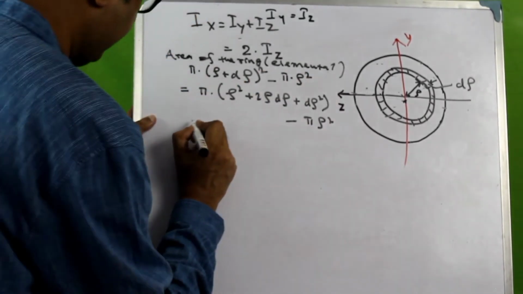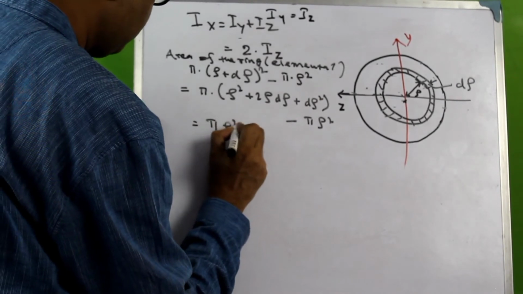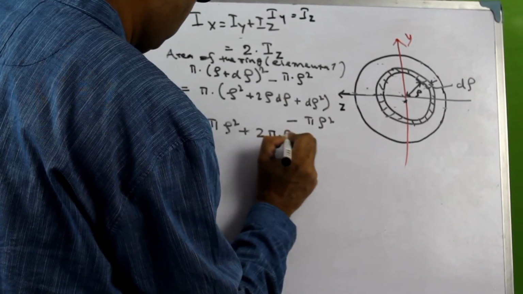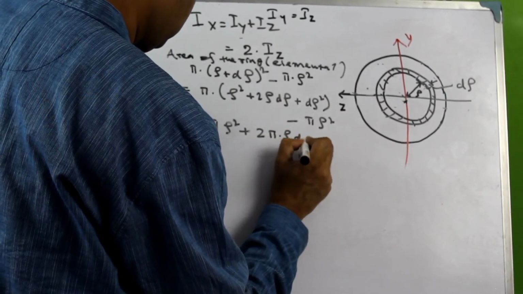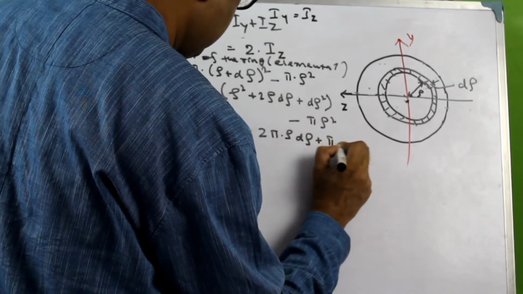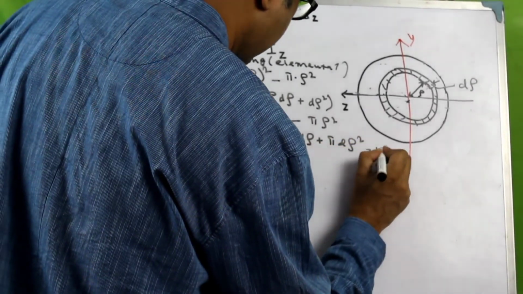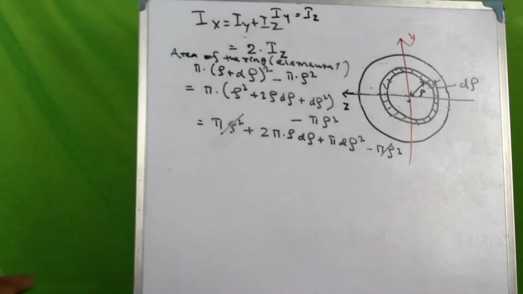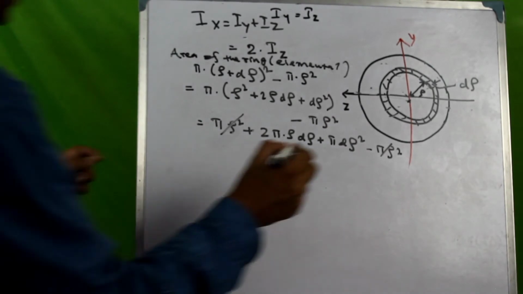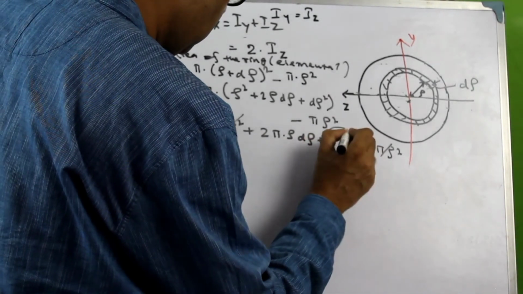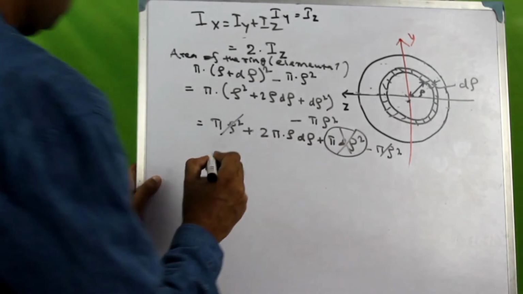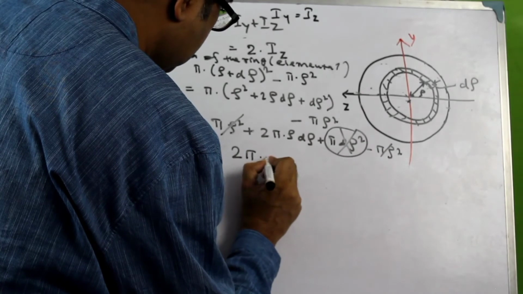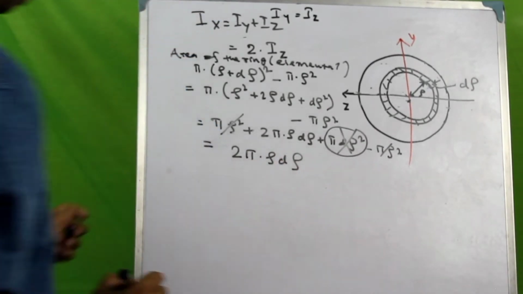So if we open the brackets up, we will have pi rho square plus 2 pi rho d rho plus pi d rho whole square minus pi rho square. So this and this would cancel off, and this value would be extremely small, so we can neglect this value. So we remain with only one term, which is 2 pi rho d rho.